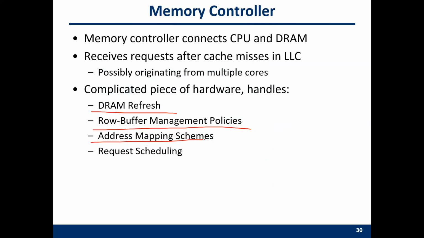In some high-end servers, you can actually change those mappings in your BIOS. After you change the address mapping in the BIOS, the memory controller will also change it inside its logic. It can also do some scheduling between different banks, channels, and ranks.